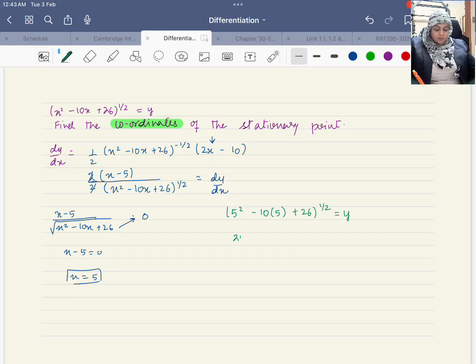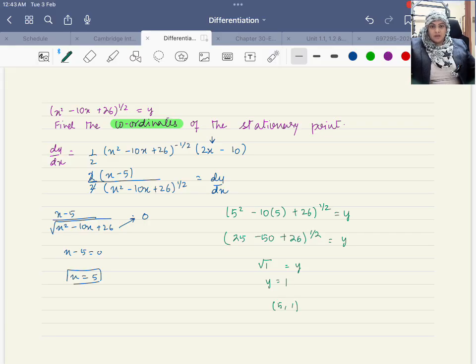We have 25 minus 50 plus 26 to the power half is equal to y. 25 plus 26 is 51 minus 50 is 1 to the power half, or under root 1 is equal to y. So y is equal to 1. The coordinates that we are looking for are 5 and 1.